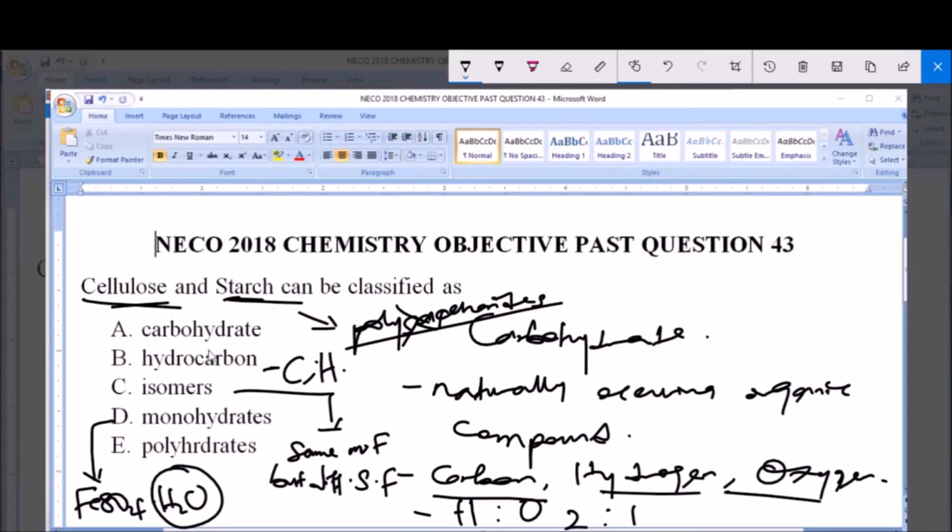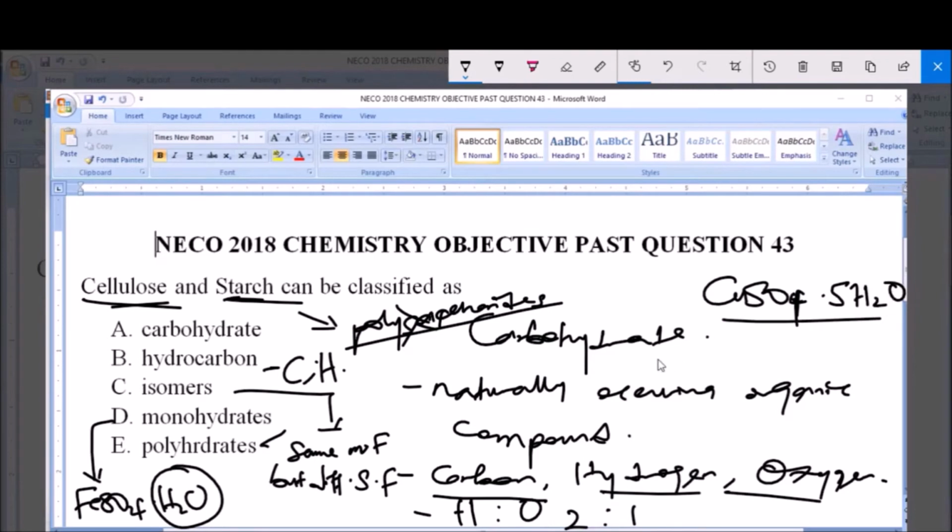Then polyhydrates contain more than 2 moles of water. An example of a polyhydrate is hydrated copper(II) sulfate, CuSO4.5H2O.